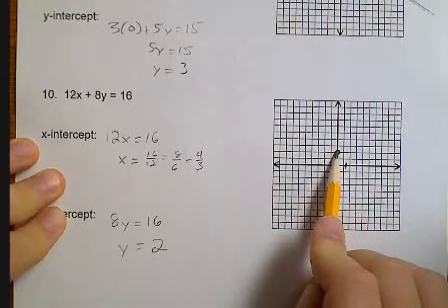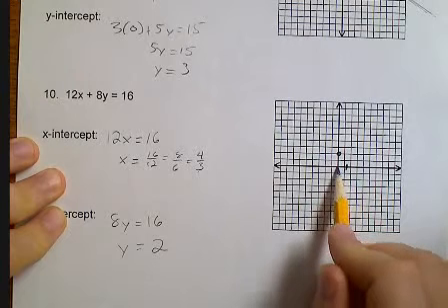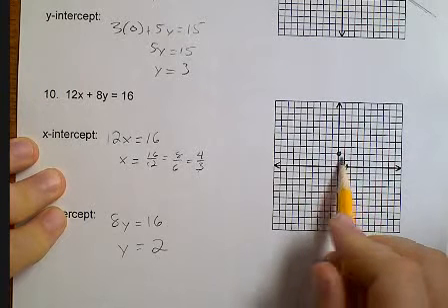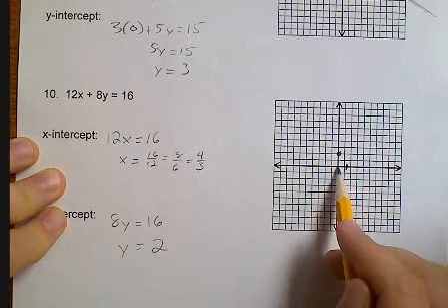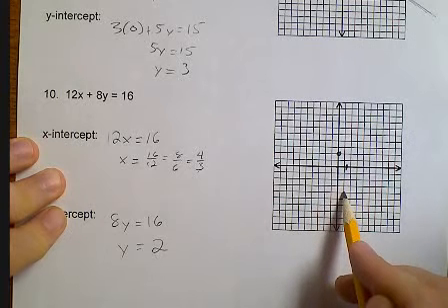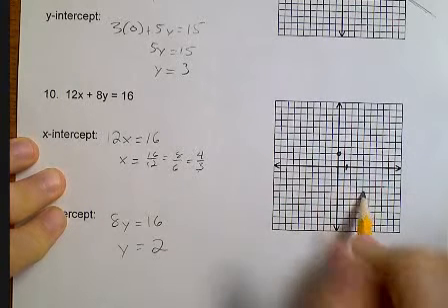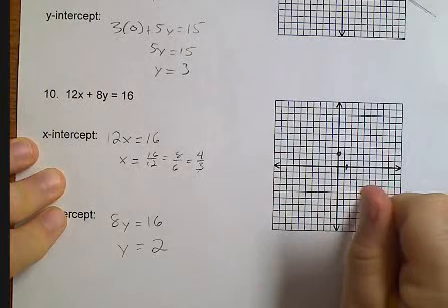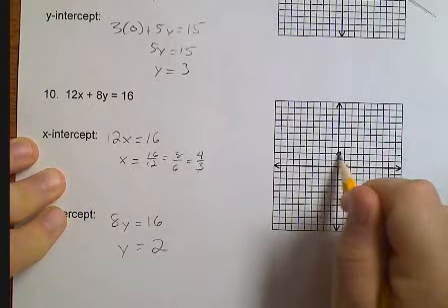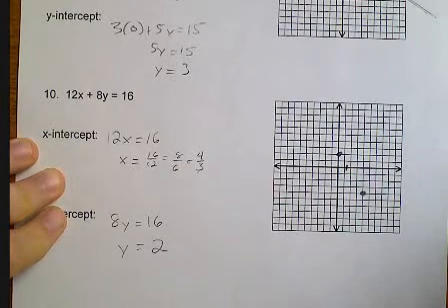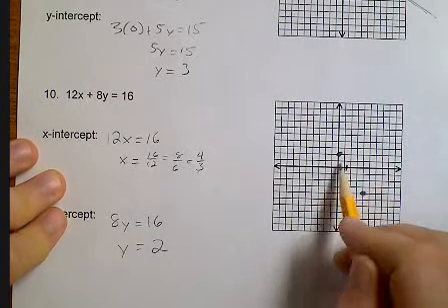So I know that I'm moving 6 down, 4 over. So I'm going to go ahead and do that. 1, 2, 3, 4, 5, 6. 1, 2, 3, 4. That will give me a second point. Well, 6 over 4 is the same as 3 over 2. 1, 2, 3, 1, 2.